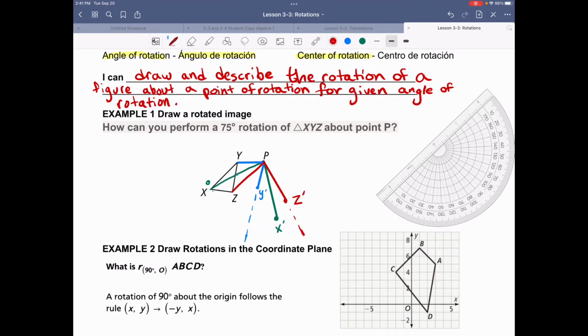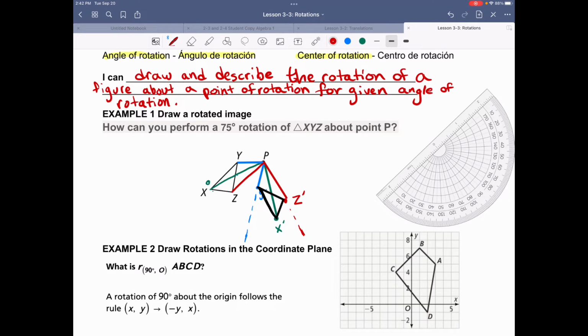The next thing that we need to do is connect our 3 new points, X to Y, Y to Z, and back to X. What you should get is a congruent triangle to XYZ.